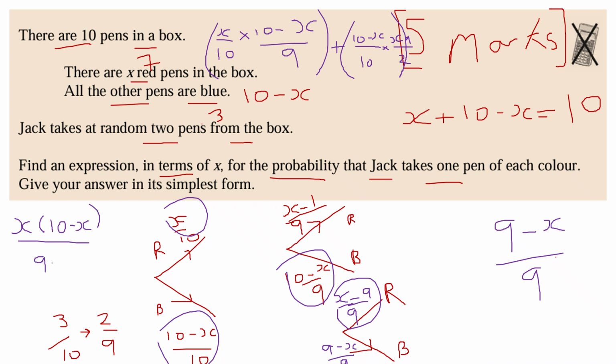And then I'm going to add on, again, 10 times 9. Shouldn't be a 2, there should be a 9. So x minus 9 over 9. So on the bottom I have 90 again. And then I have 10 minus x times x minus 9.